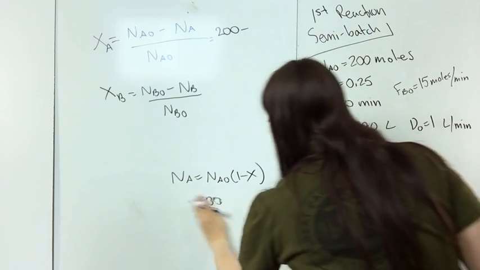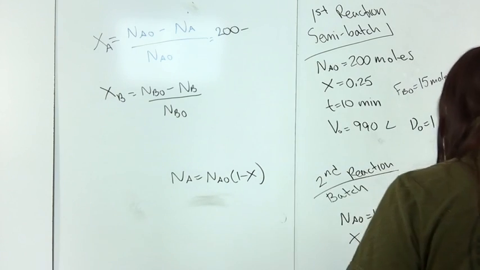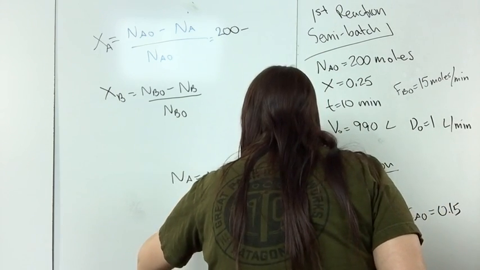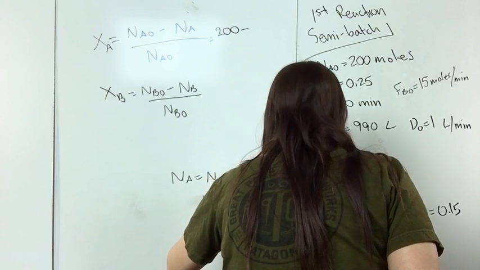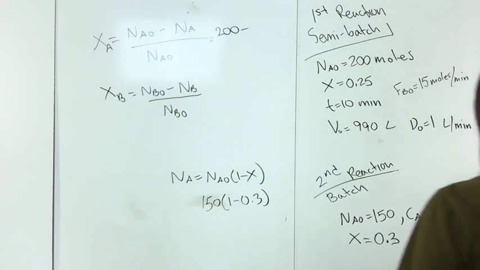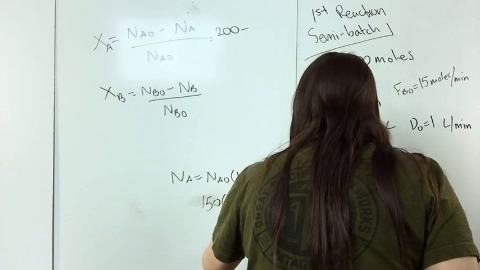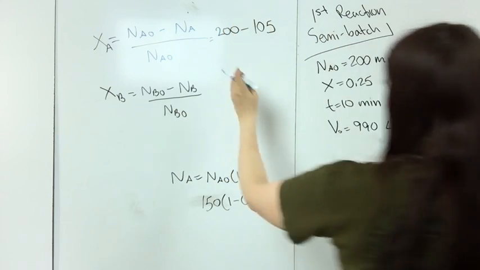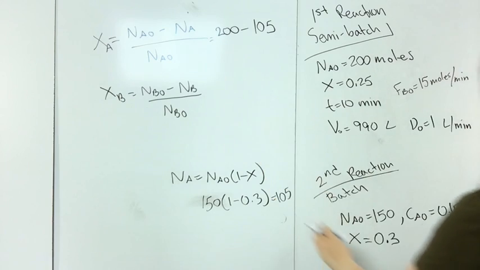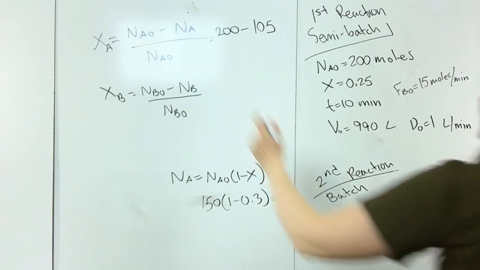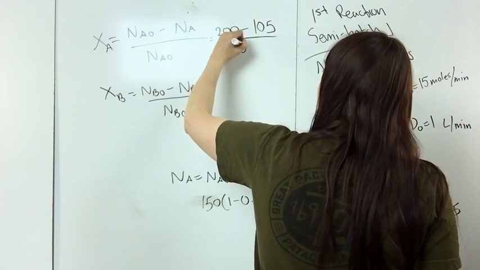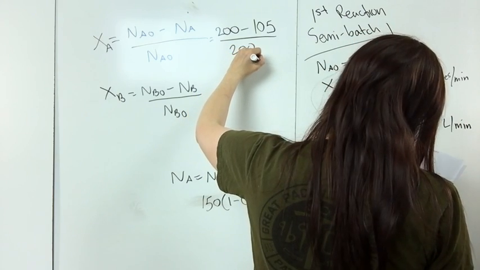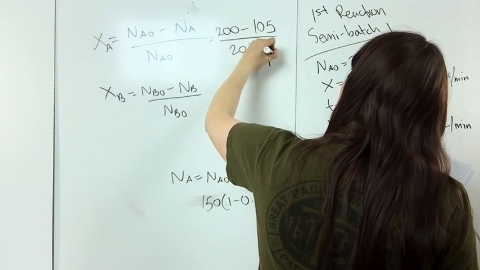So Na naught starting in this reactor was 150 multiplied by 1 minus 0.3, and so then you get 105. So this is 200 minus 105, because it's what you started with and then what we ended with in the second reactor. This is over 200, and then you end up with 0.475.